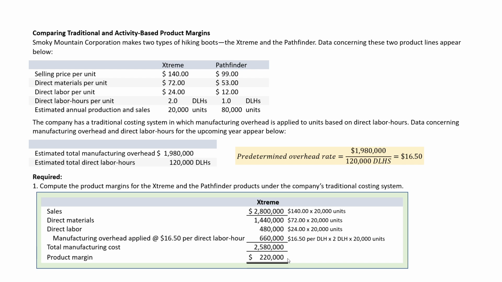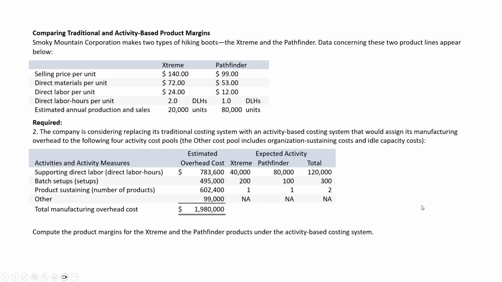Now I'm going to shift gears to what if, instead of a plant-wide predetermined overhead rate with our traditional system, we shift to an activity-based costing system. For one, and they've done the heavy lifting for us, we need to figure out what activities are really happening within the business and what's driving them.